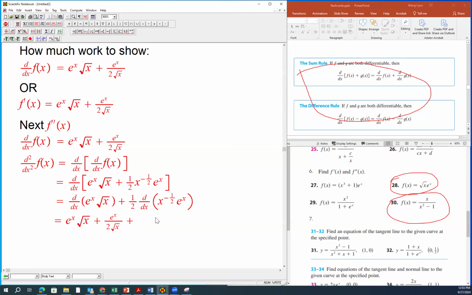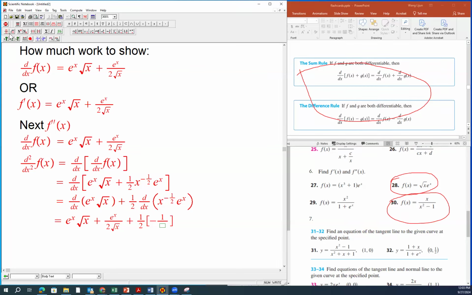The second part, we have a constant in front of it, and this time we have to do the hard work. We're going to differentiate that, and differentiating this power, it's going to be negative half.